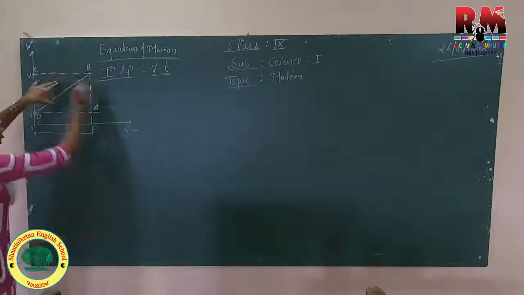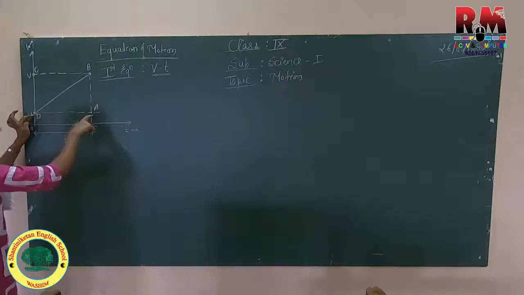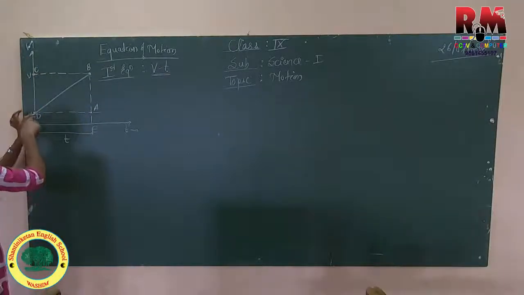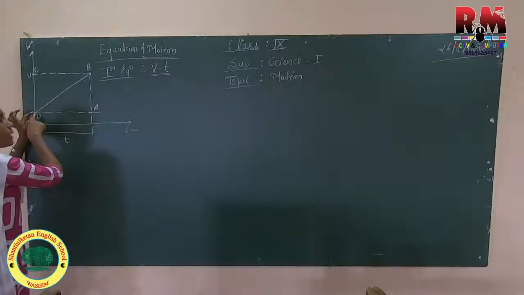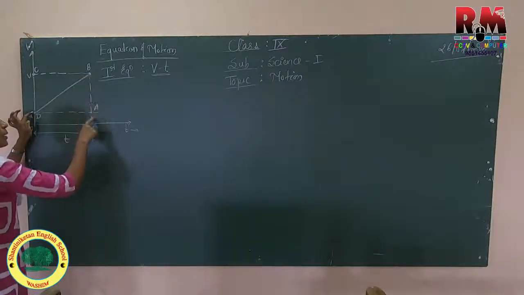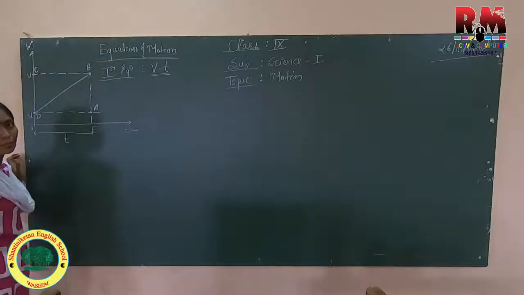From point D, I have drawn one perpendicular line, and there is already one perpendicular line because of the y-axis. From D we draw one perpendicular line, and from B we draw one perpendicular line. These two perpendicular lines meet here.